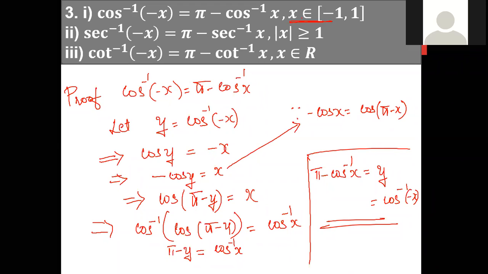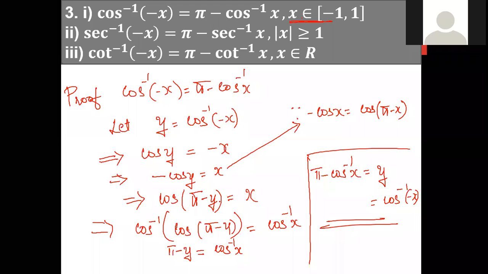Then I have taken this minus to the other side. So I got minus cos y is equal to x. But we know that minus cos x can be written as cos of pi minus x. Here in place of x, I have y. So I have replaced it by cos of pi minus y is equal to x.